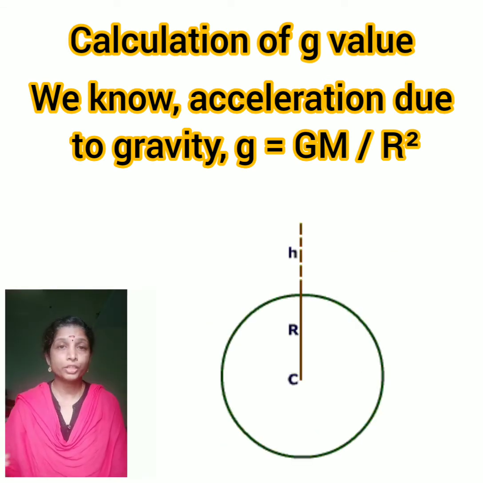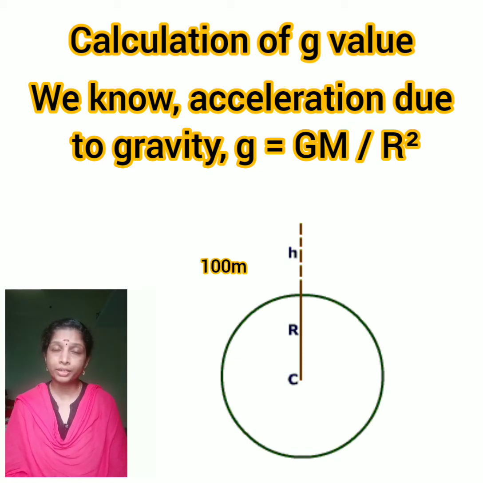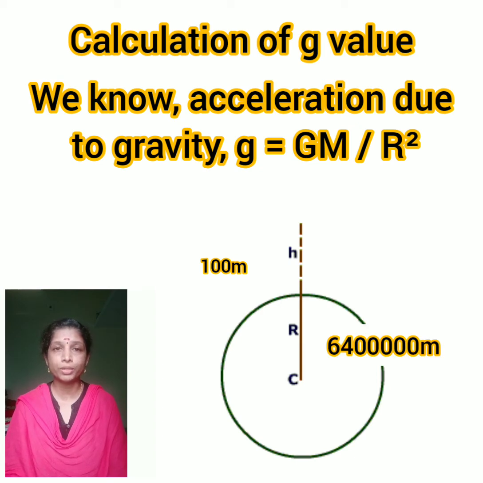As I told you earlier, up to 100 meter, an object at 100 meter, when we compare to the radius of earth, which is 6.4 into 10 raised to 6 meter, no? When we compare this 100 meter and 6.4 into 10 raised to 6 meter, this 100 meter is negligibly small. So we can neglect that distance and take the radius itself.